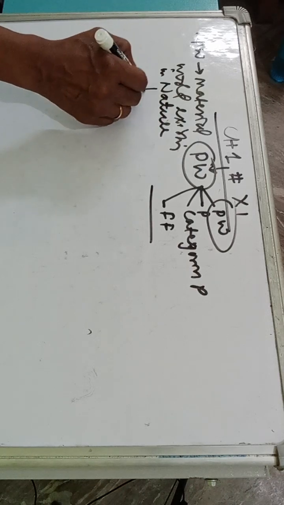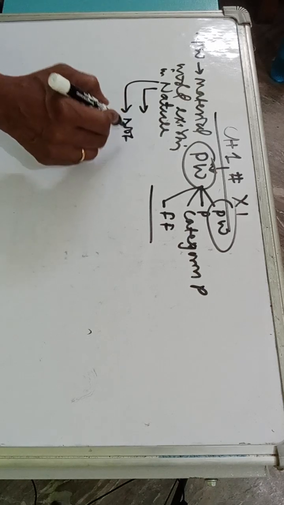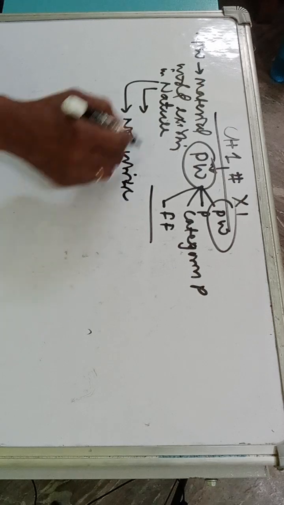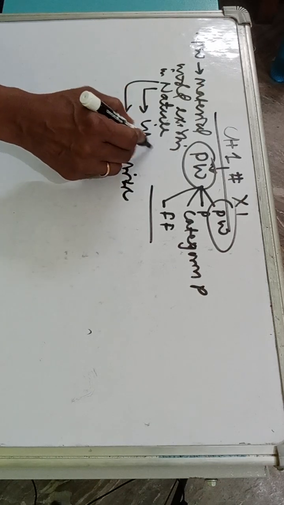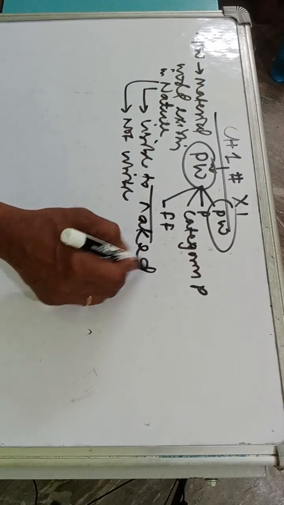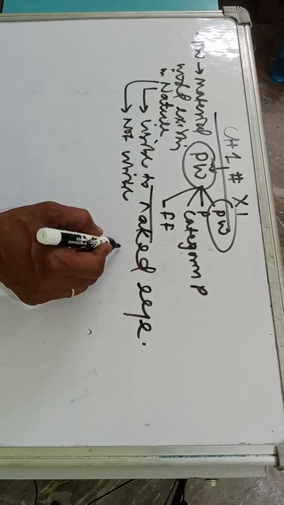Out of these, certain are visible to the naked eye, whereas certain are not visible to the naked eye.